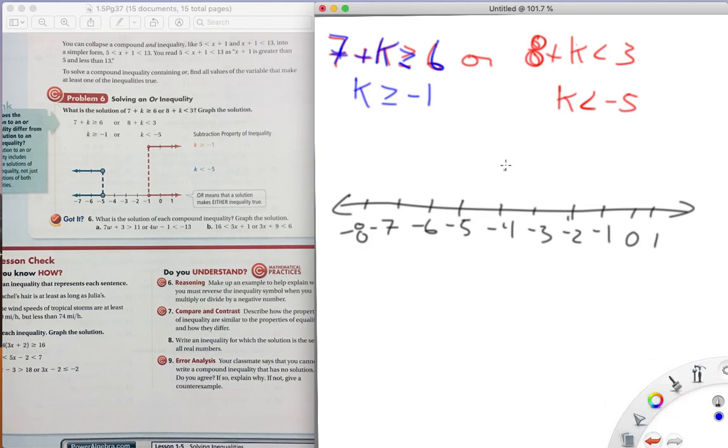If k is greater than or equal to -1, it's a closed circle at -1 and it's going to the right. If I have k less than -5, it's an open circle and it's less than, so I'm going to the left. Notice they don't intersect. This is an OR situation. And that was how I would graph it.